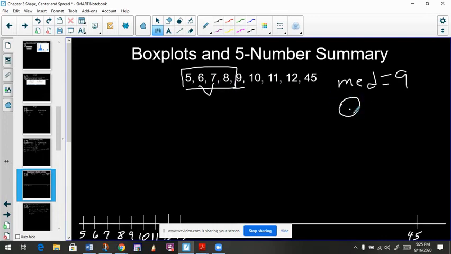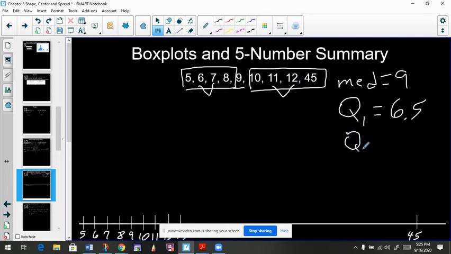That was the lower quartile, which is also referred to as quartile 1. That's 6.5. And for the upper quartile, we looked at the numbers bigger than the median. There were 2 numbers, we averaged them. The upper quartile is also called quartile 3, 11.5. The other 2 numbers that we need for a box plot are the minimum and maximum.